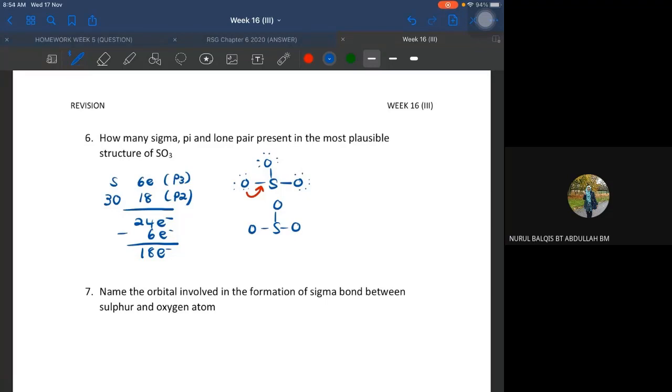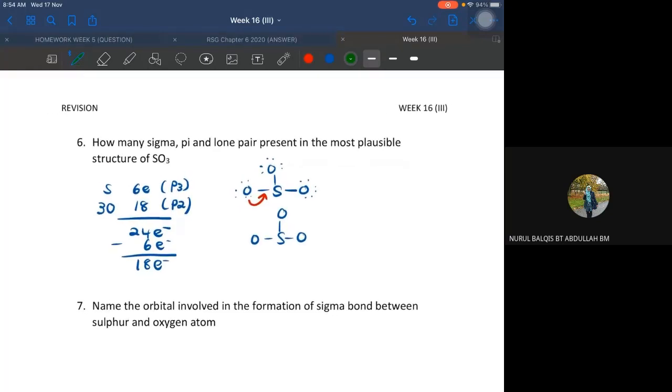Can this structure form zero formal charge? Boleh tak agak-agak zero formal charge semua? No. Kenapa no? Cuba awak tengok dia bagi SO3. Ada tak any negative or positive charge? No. Maksudnya ada tak possibility dapat semua kosong? Ada. Jadi boleh cuba try dapatkan dia sampai kosong.